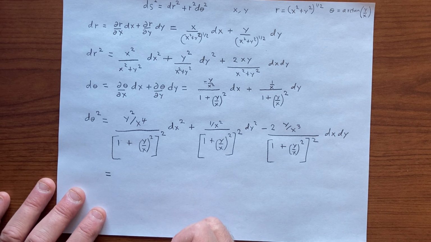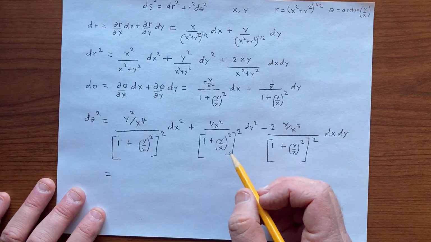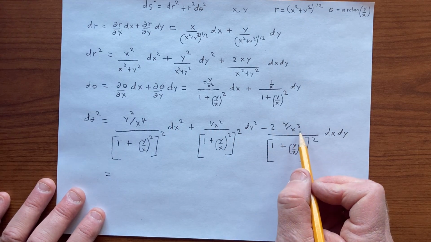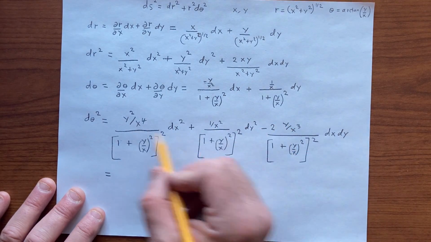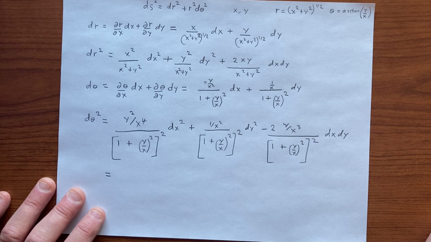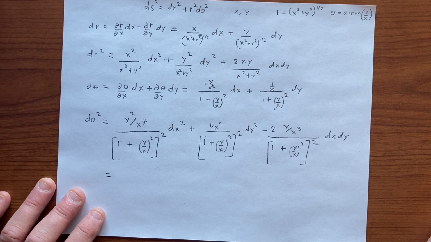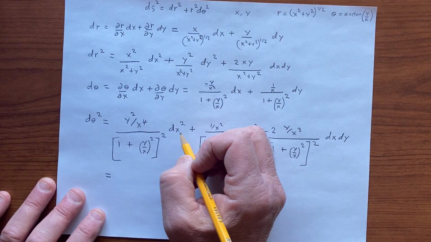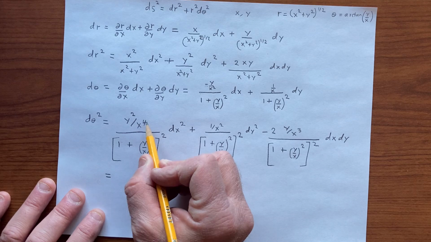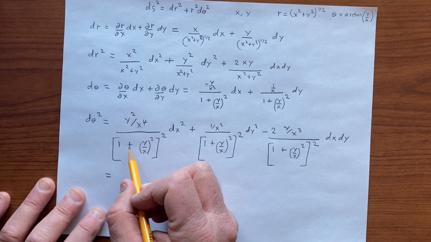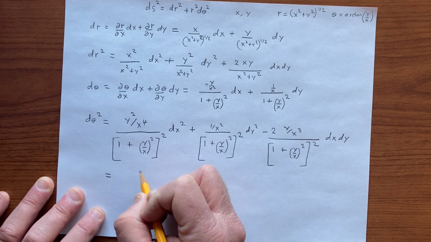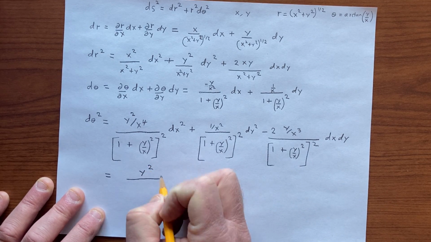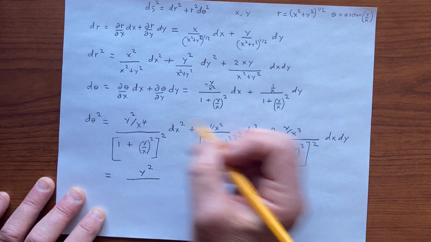And so let's see, we can simplify this. The denominator is the same here, so we're going to add these three. I can pull these x's and put these x's back into here and make this x squared plus y squared. So this becomes y squared, dividing by x to the fourth.